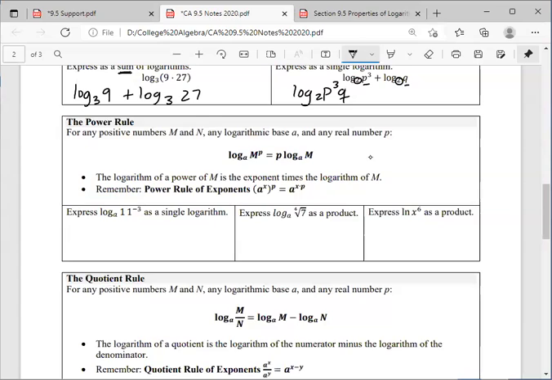There's another property that says if you're taking the log of something and it's raised to a power, you can take that power and move it to the front. When we're solving problems involving logarithms, which we'll be doing in the next class, this property is really important. So if you've got the log base a of 11 to the negative third, they're wanting you to take that exponent, move it to the front, and rewrite it as -3 times the log base a of 11.